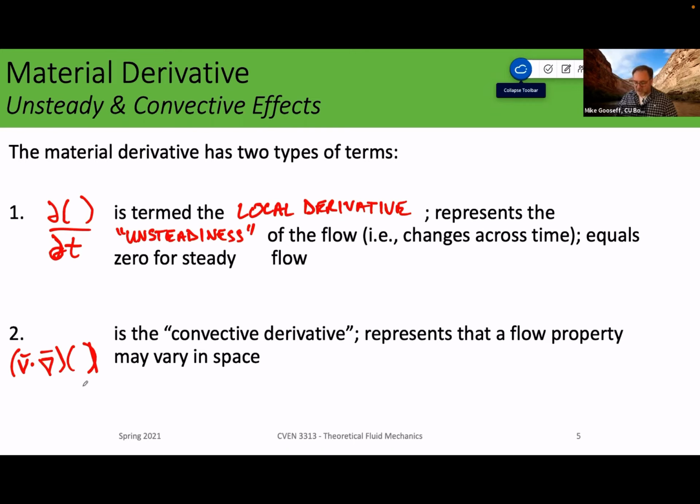So there's a local derivative and a convective derivative. Convection is often a term used to infer movement, velocity. That's why convective includes that velocity vector. The local just includes the temporal component, okay?